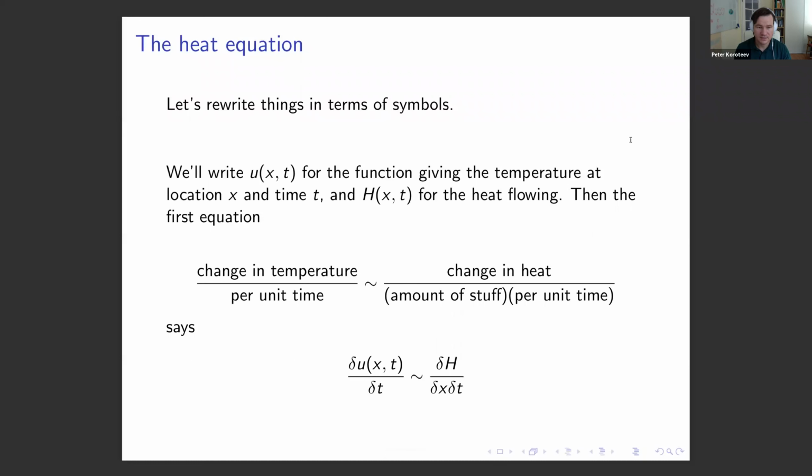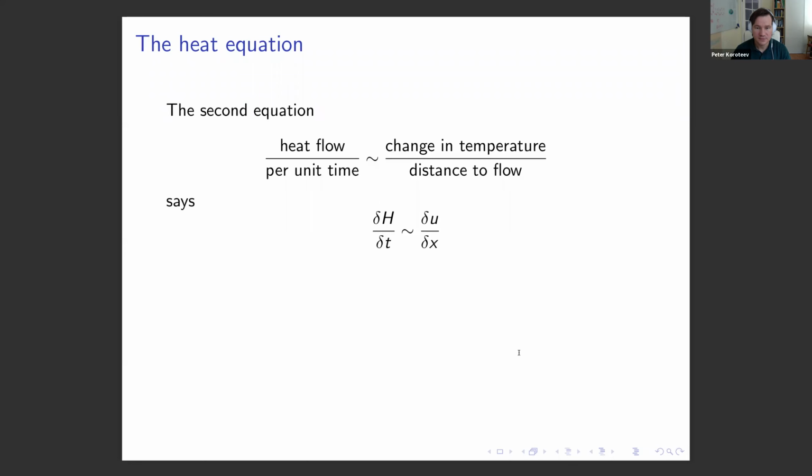Then the first equation says the change in temperature per unit time is proportional to change in heat per the amount of stuff, also per unit time. So delta u of x, t over delta t is proportional to delta H over delta x and delta t. And the second equation, that the heat flow per unit time is proportional to change of the temperature per distance it flows, says that delta H over delta t is proportional to delta u over delta x.